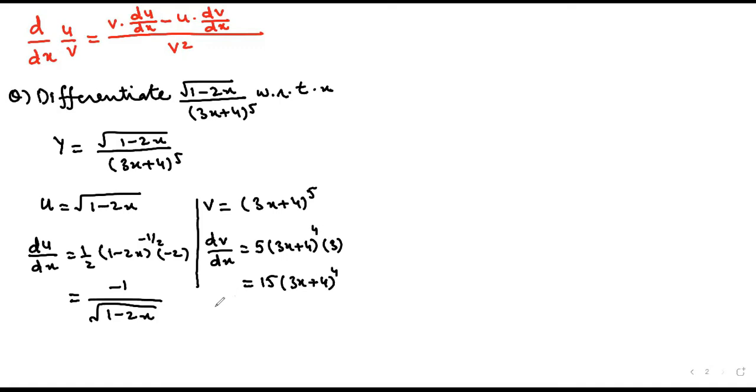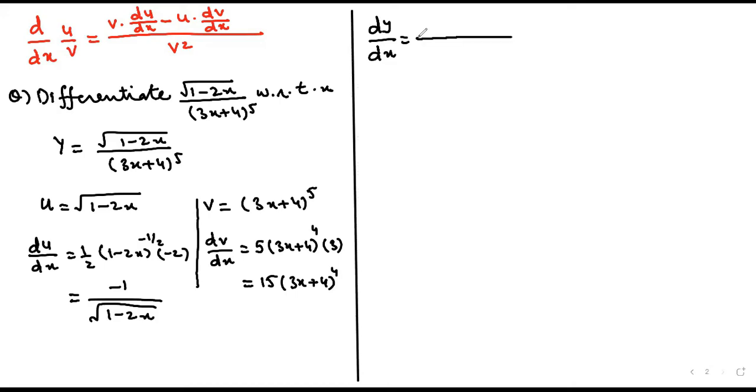Now, dy over dx is equal to, we will write down v square in the denominator.